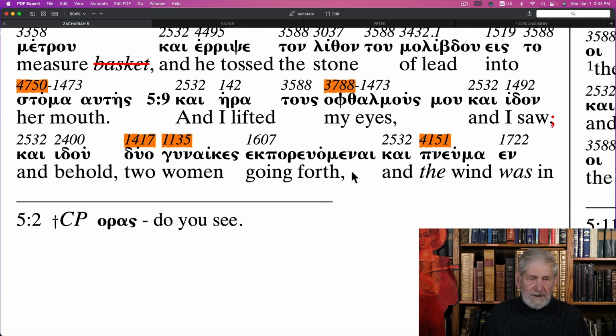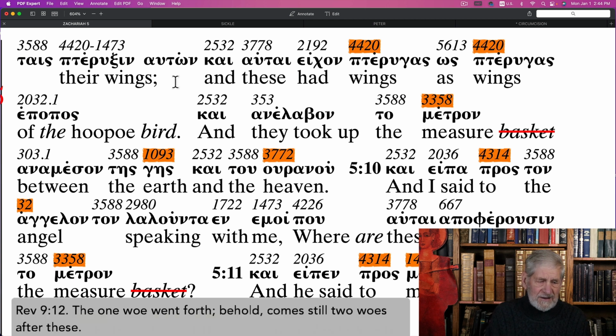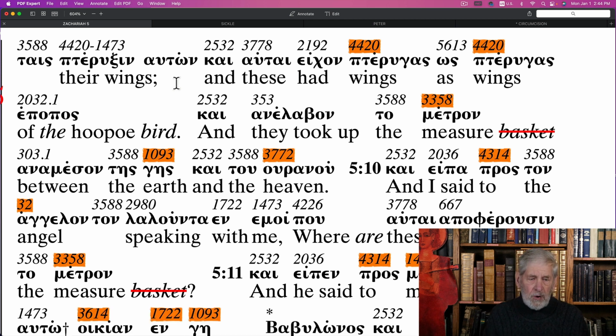And behold, two women going forth, and the wind was in their wings. The only place I could see close to this possibly would be Revelation 9:12, where it says, the one woe went forth, behold, come still two woes after these, could be referring to the two woes. And these had wings of the wings of a hoopoe bird, whatever that is.